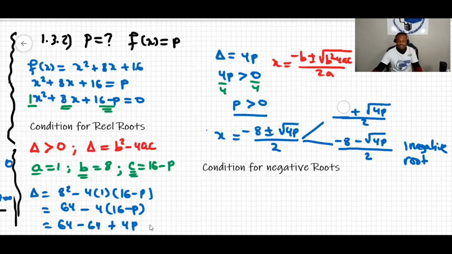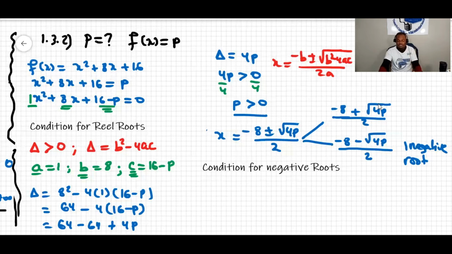But let's first look at the turning point. If this value of root 4p has a value of 8, for instance, then we have 0 over here. If it's less than 8, then we're going to get a negative value. If it's more than 8, we're going to get a positive value, but we want negative values.